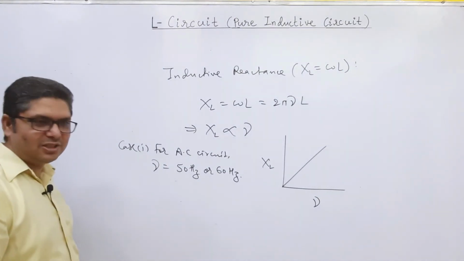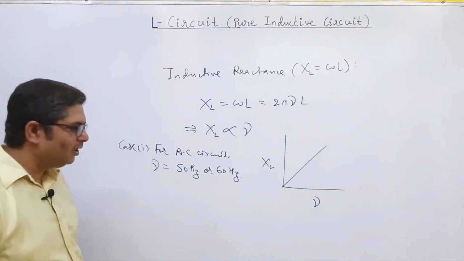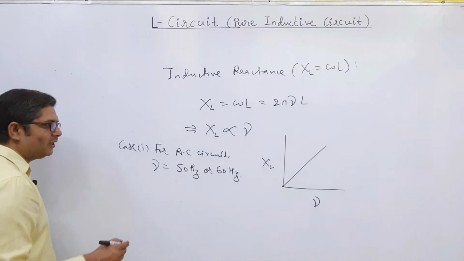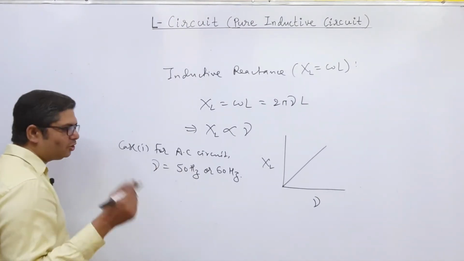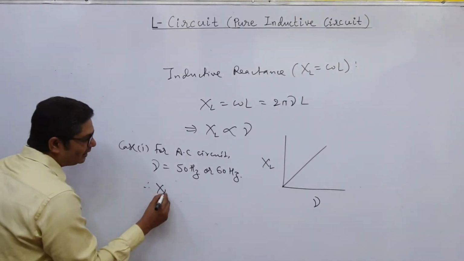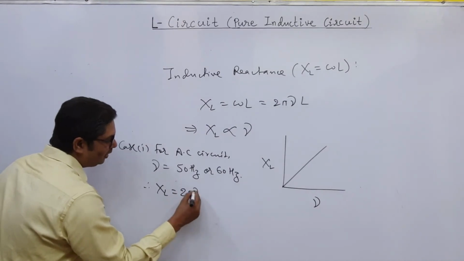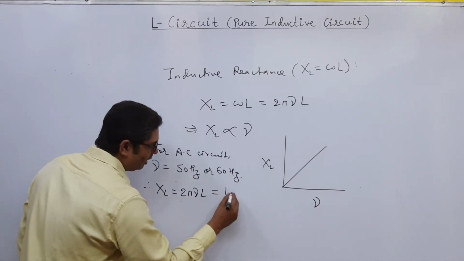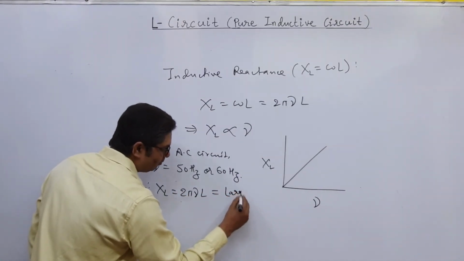So our frequency is 50 Hertz for AC. This means that frequency is not zero. Therefore, XL equals 2 pi nu L, which is a large value.